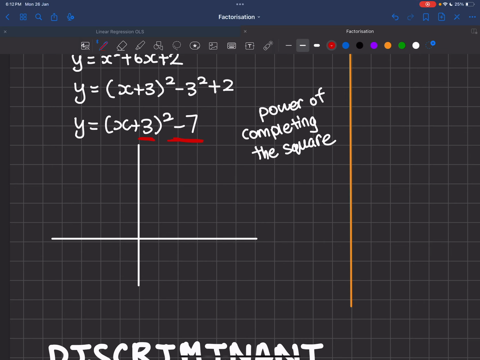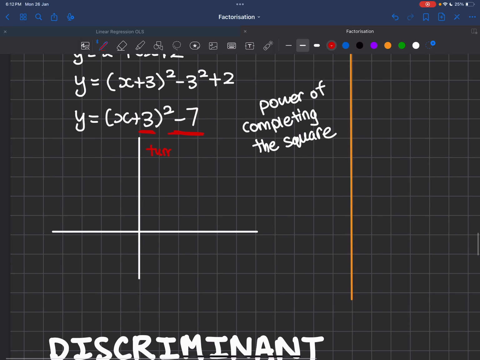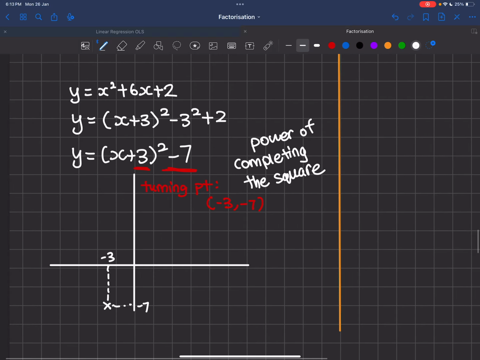In this case, our turning point is negative 3, negative 7. So let's just plot that right here. Negative 3, negative 7. And we can see that our y-intercept is when x is 0, right?